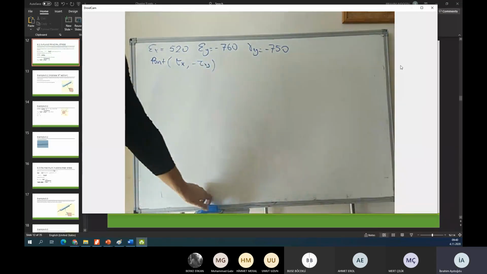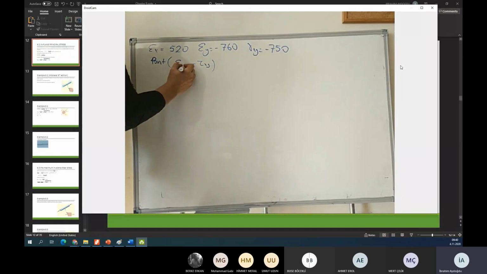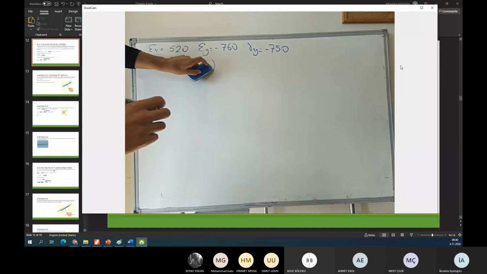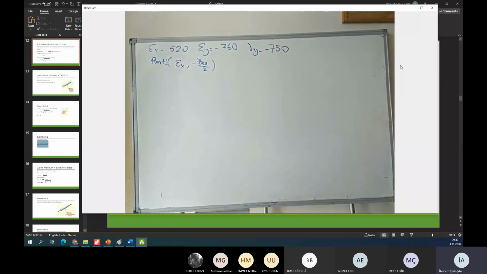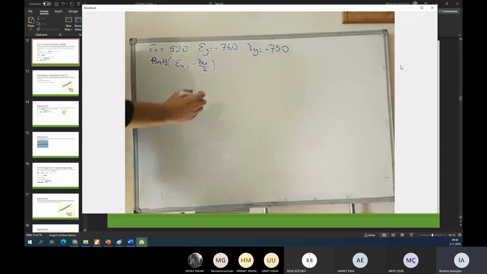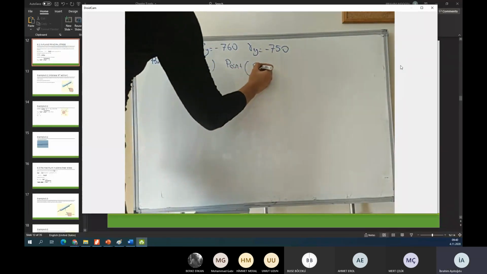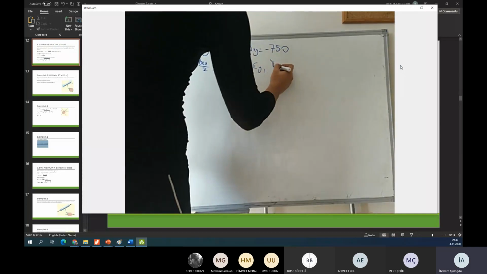So in strain transformation, I will use epsilon x for the first coordinate and minus gamma xy divided by 2 for the y coordinate. For point 2, the first coordinate is epsilon y, the second one is gamma xy divided by 2.